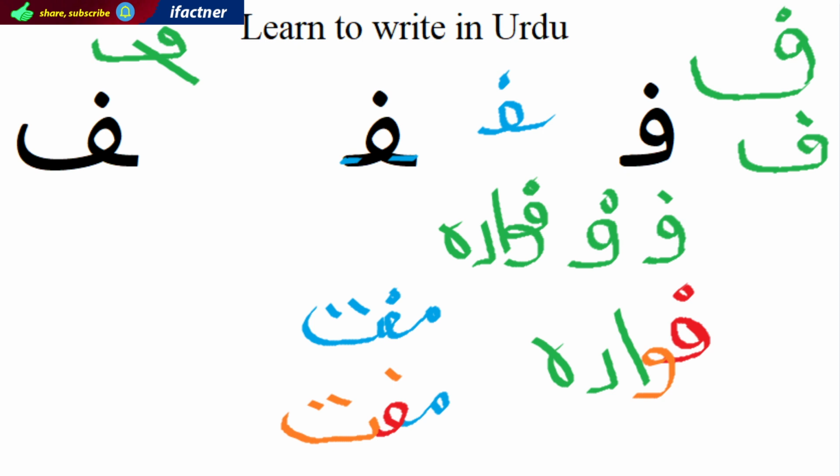Now let's see how we write fe in its final position shape. You just add a connector and then write the whole fe. You add the connector and then write fe.